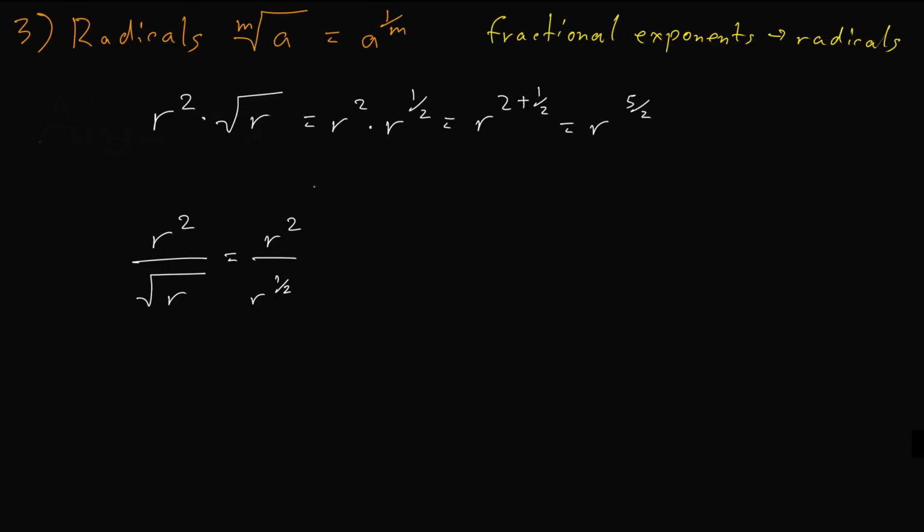So let's do that. And this is going to become r squared times r to the power of minus 1/2, right? And then we use our first rule to combine these together. This will be r to the power of 2 minus 1/2, which is the same as r to the power of 3/2.